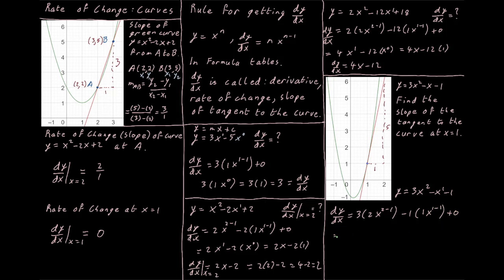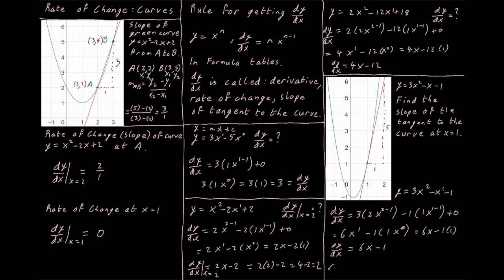And we multiply that out, and we get 6x to the 1 minus 1 on 1 to x to the 0, which is 6x minus 1 on 1. So our dy dx is just equal to 6x minus 1.